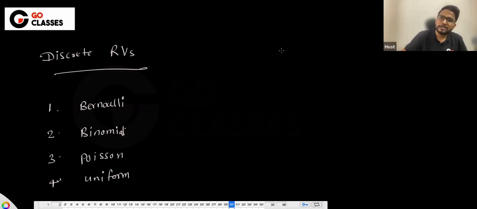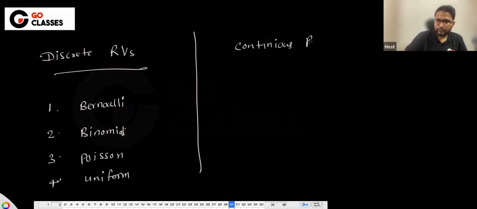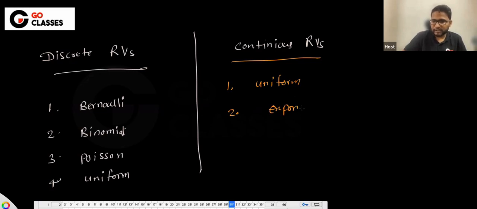Now let's see the continuous random variables. Here we have two or three. One is uniform, the second one is exponential, and another one is the normal distribution. I do not know whether this is the same order in which the slides will have them, but that's okay.